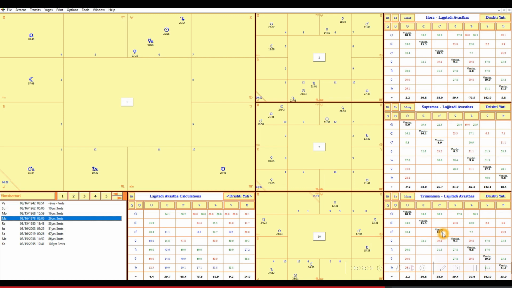Mars' Vimshopak was 10.5, which allows Mars to have 26.3 points from the Sun and 31.5 points from Jupiter, and only 19.8 bad ones from Mercury. So Mars actually does pretty good, and they didn't have near-death experiences in Mars Dasha. They weren't terribly ill in Mars Dasha or any of that kind of stuff. Okay?